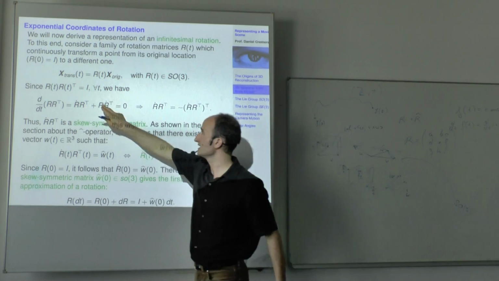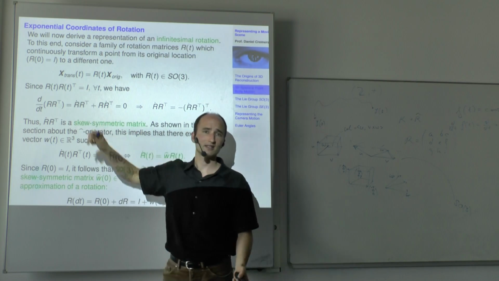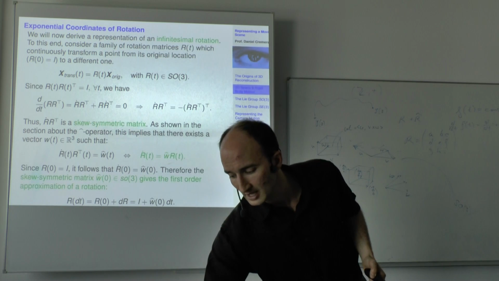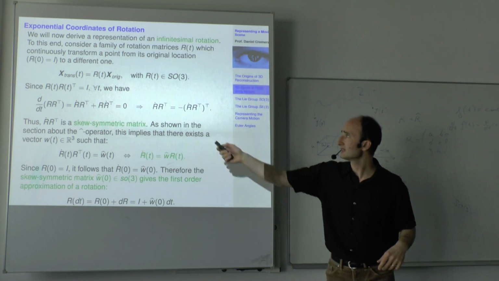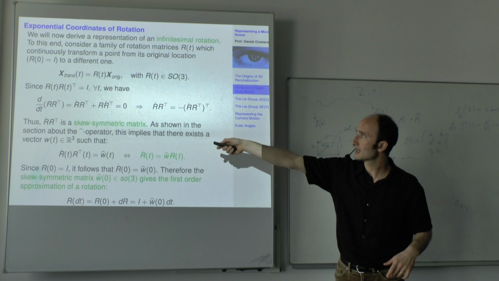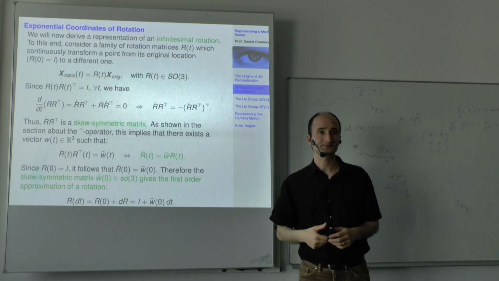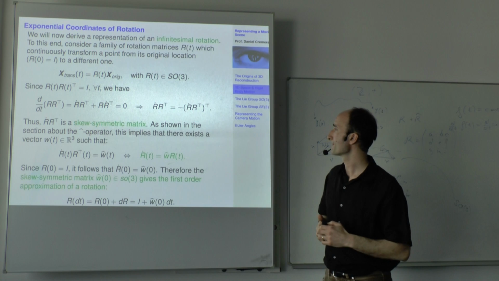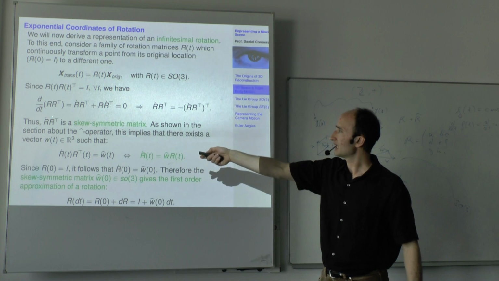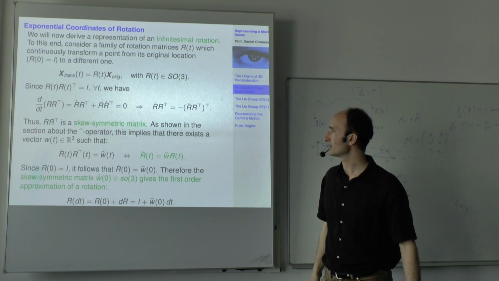And the constant is here indeed, yes, it's the identity. And it's the same identity matrix for all times. So the derivative of the right-hand side here is 0, and the derivative of the left-hand side is this here. So we see R dot R transpose is a skew-symmetric matrix.